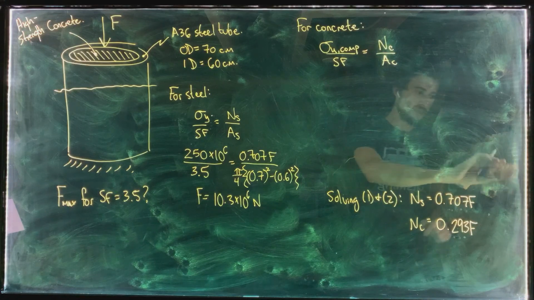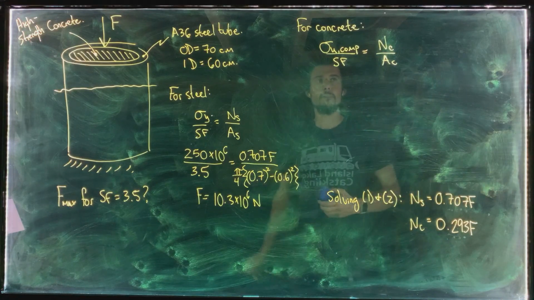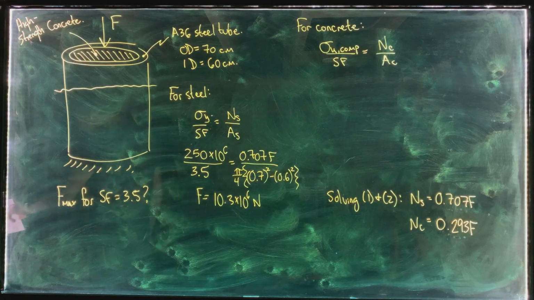So let's put some numbers in there. The ultimate compressive strength of high strength concrete is 40 megapascals.